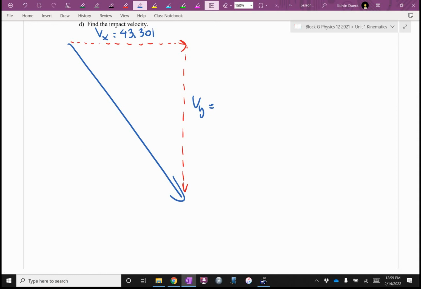No, that would be right when we pass the cliff again. We're going down at negative 25, but then we kept going. I think I need to figure it out. So I'm going to make a little note in the margin. Vy final equals question mark. What was Vy initial? 25?